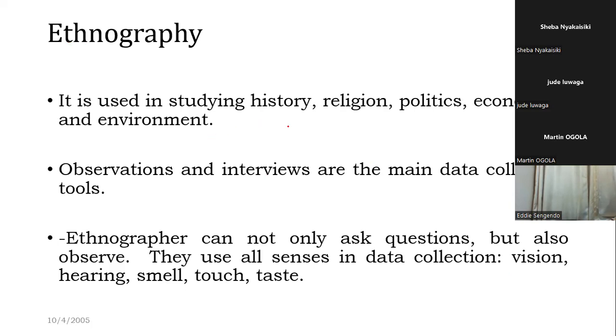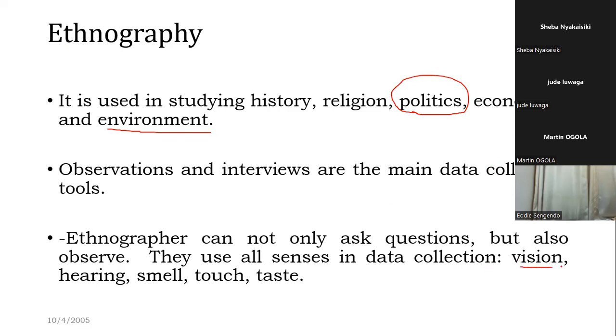So normally ethnography is used to study history, religion, politics, and the environment. So again, if you're going to study the environment or the culture of certain people and how it affects a system, or how maybe there are some organizational politics that come into a certain situation, then it is important.